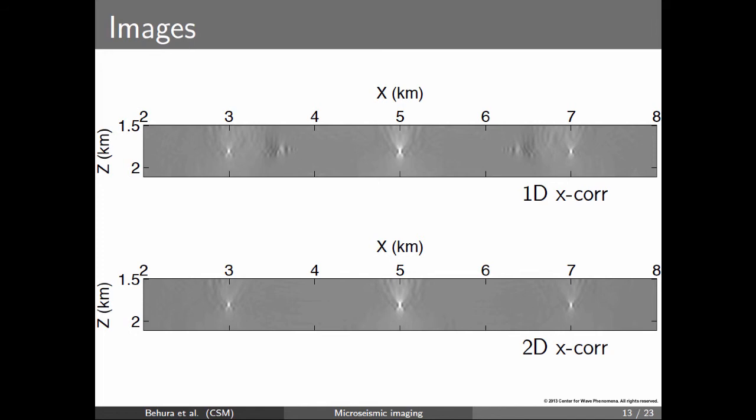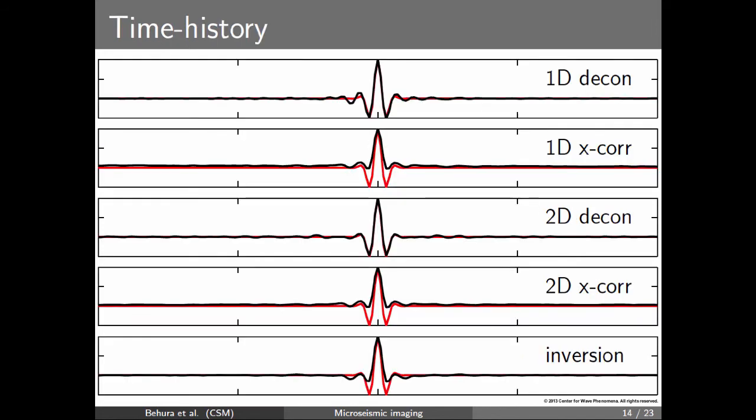Let's now look at the images at the microseismic hypocenter for all the 5 imaging conditions, as shown on the right. All these curves are again functions of time. The red curve represents the original source signature of the microseismic event, and that is what we would like to recover.